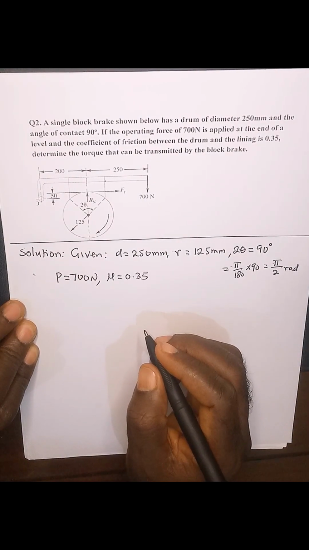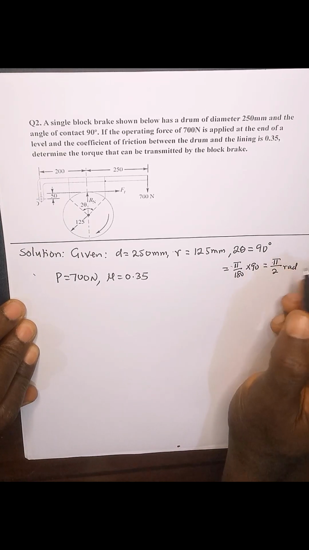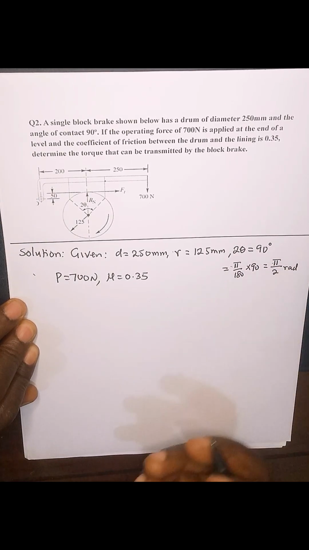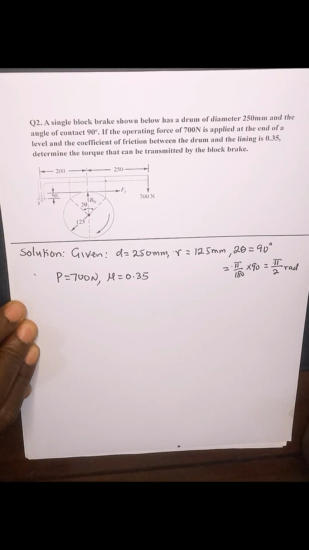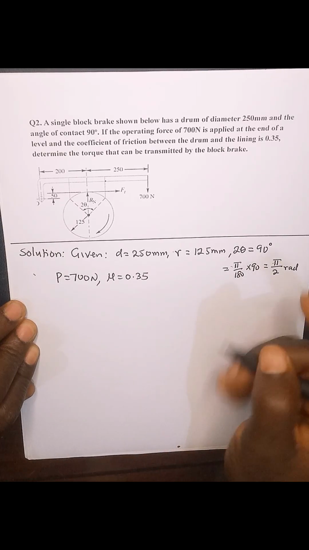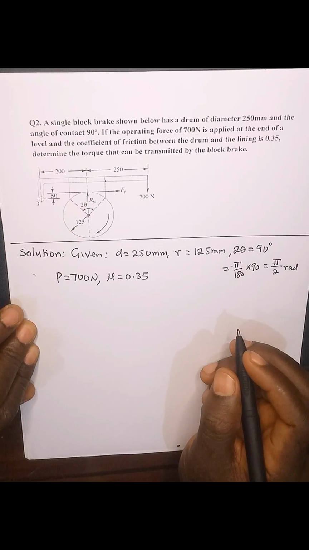When you look at this, the angle of contact here is equal to 90 degree. And we already know that if the angle of contact is greater than 60 degree, then we are going to pivot the shoe. And at this point, we are going to have equivalent coefficient of friction.